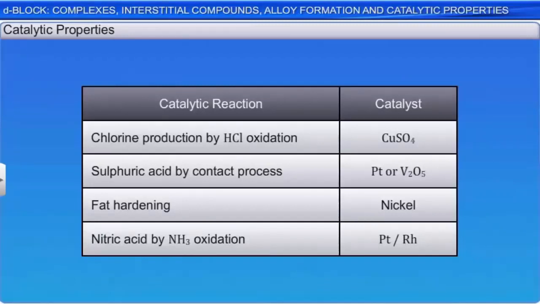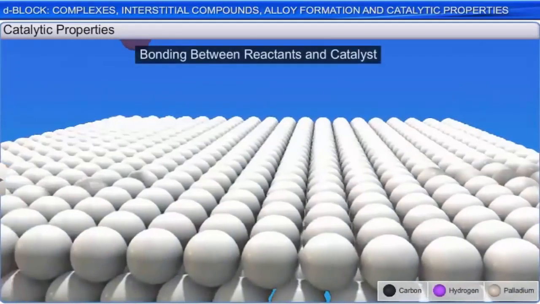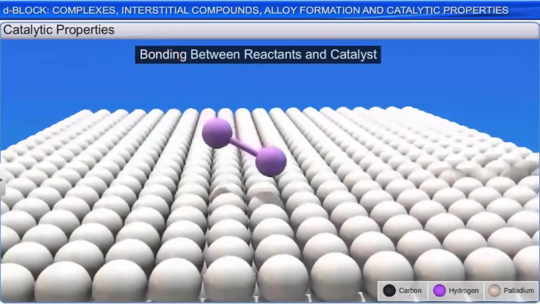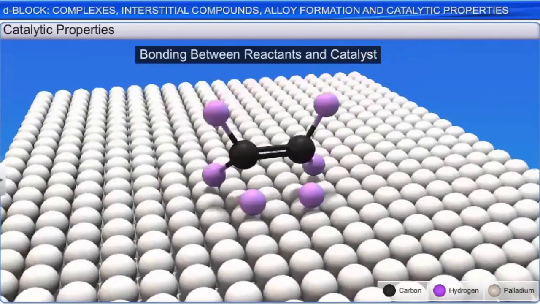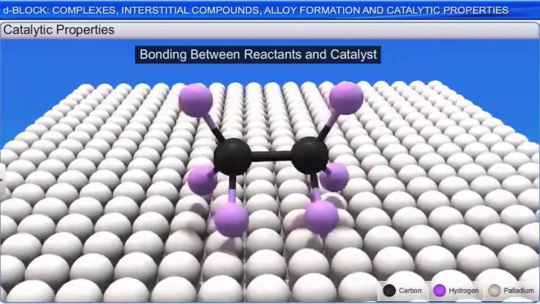Many views have been advanced to explain the mechanism of catalysis. In catalysis at a solid surface, bonds would be formed between the molecules of the reactants and the surface atoms of the catalyst.